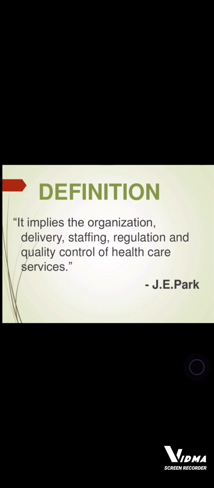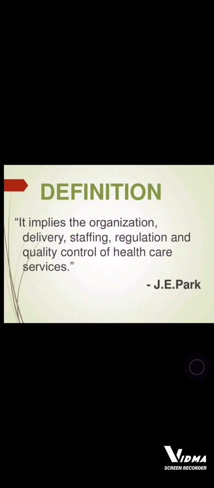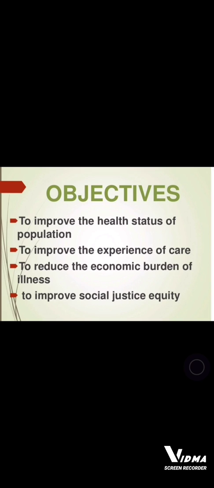They will make a staffing pattern, the staff will regulate all the policies, and after that the healthcare services will be provided to each and every individual in the community. This definition is according to J.E. Park.